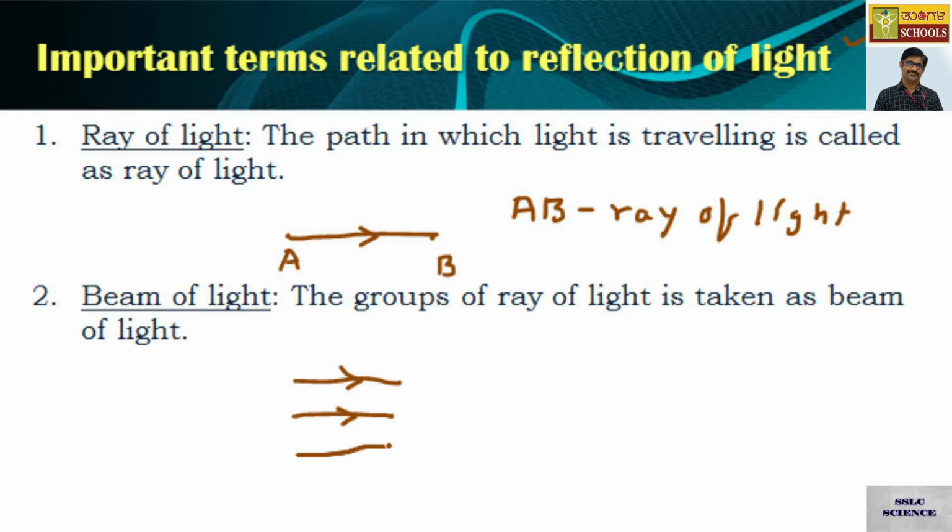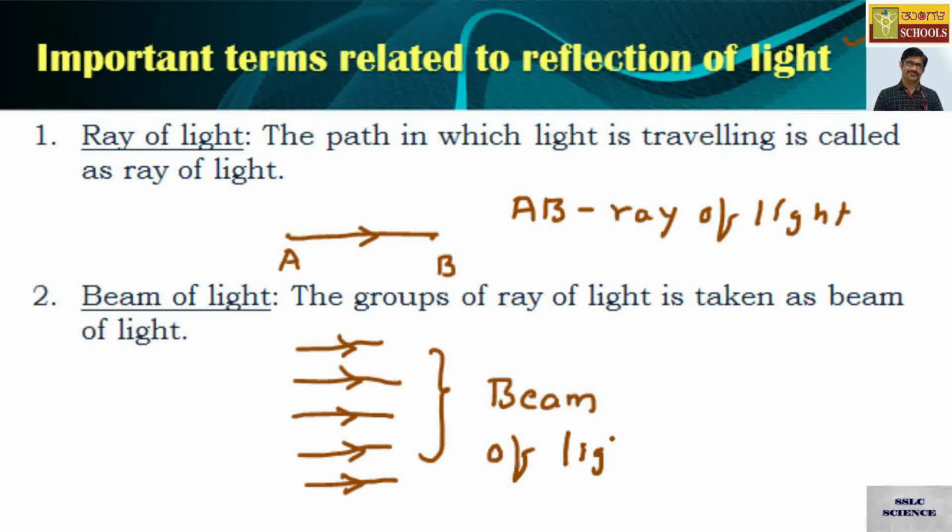This is the third ray. Similarly, fourth. You may take even fifth. So the groups of rays of light is taken as a beam of light. It is called as beam of light.